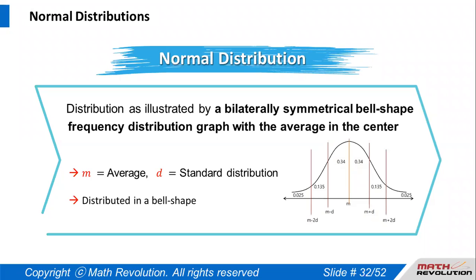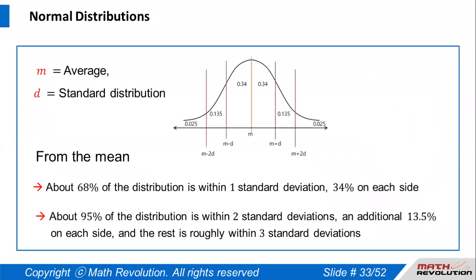But the major case that comes into normal distribution is this particular graph. The centermost part, which is visible as 0.34 on both sides, is the 34% of area that this curve covers. So 34 on one side totals 68% of the distribution within one standard deviation.